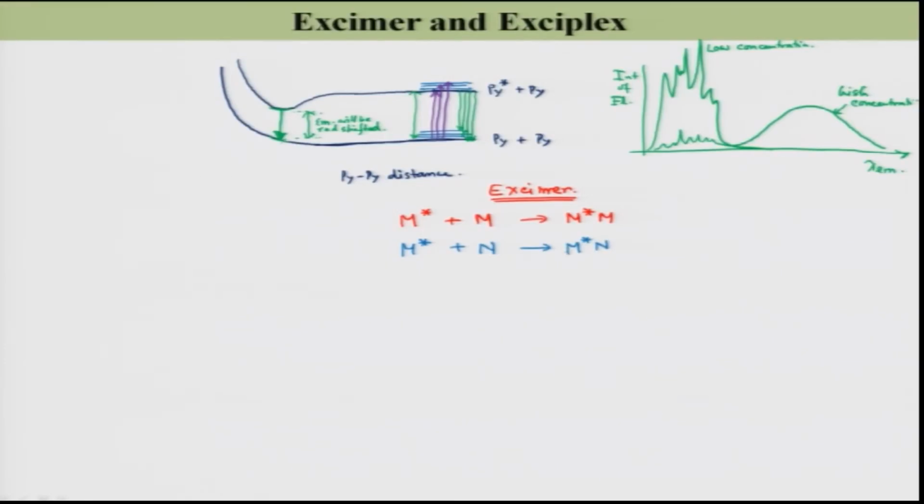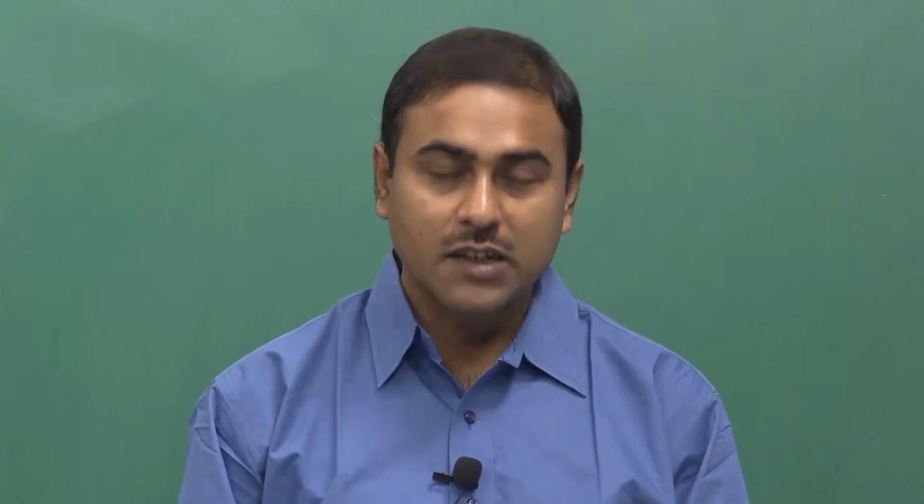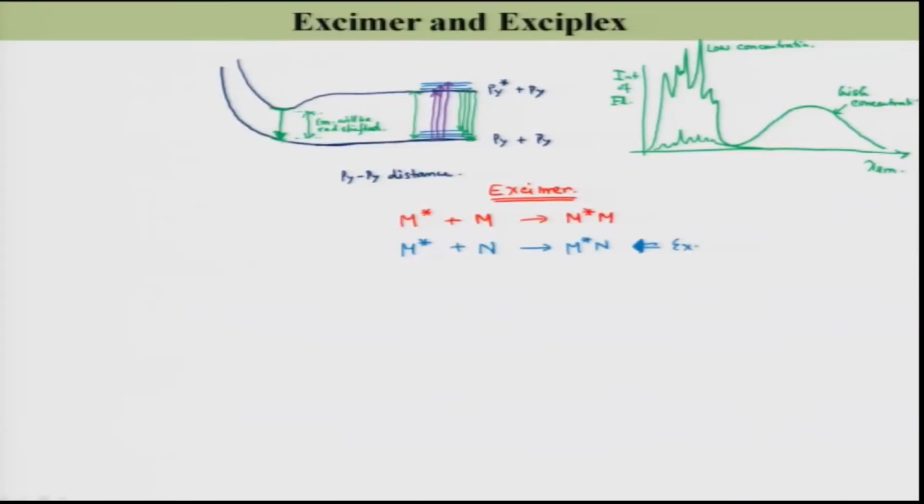So, this is not a dimer, because here is M and here is my N. So, they are not the same, and this type of case is known as complex formation between M and N, but this complex is formed only in the excited state. So, this is known as exciplex. So, you have excimer, exciplex, and the mechanism is more or less very similar, right.